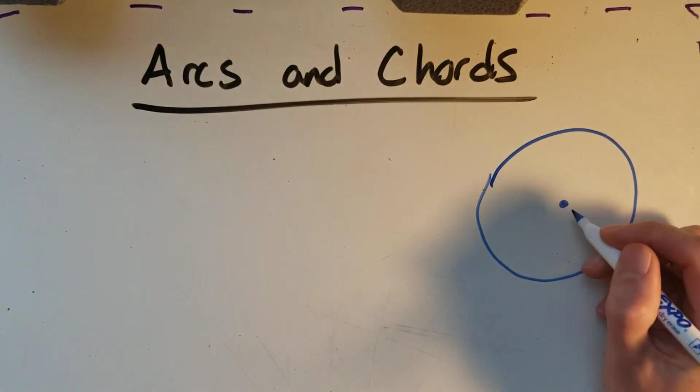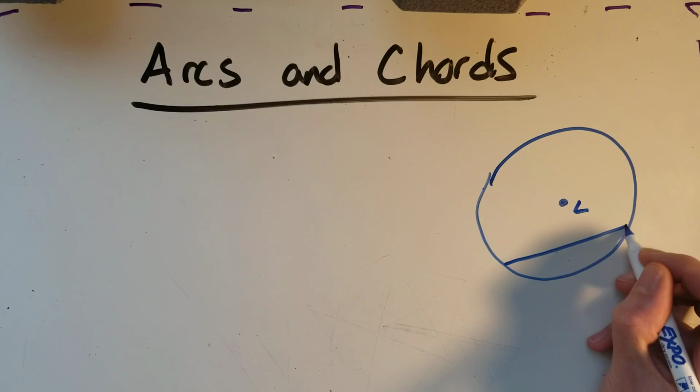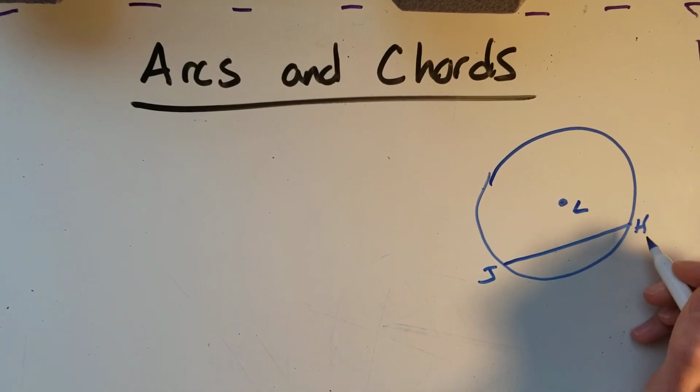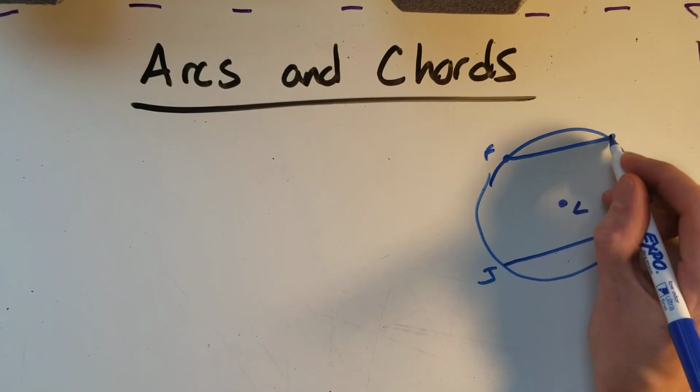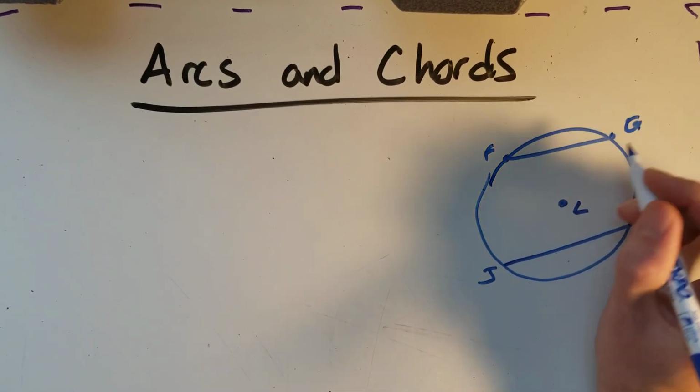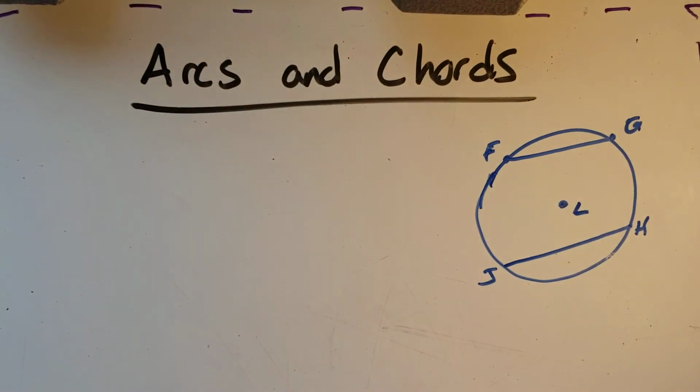We have circle L, and we're given the chord JH, and we're given the chord FG. And what this theorem is saying, there's really two ways to think about it. We have an if and only if there.